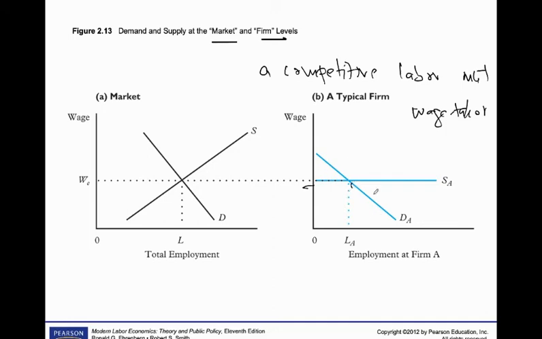Therefore, let's say given WE, a single firm would hire L1 level of workers shown by this point. I hope you can see the difference between the market and a firm.